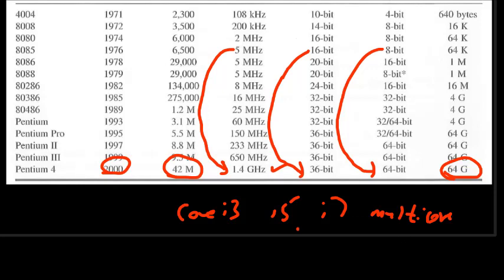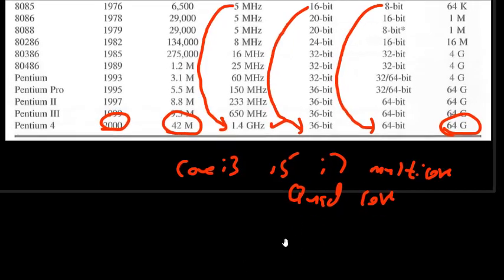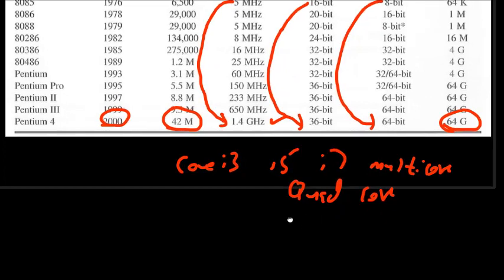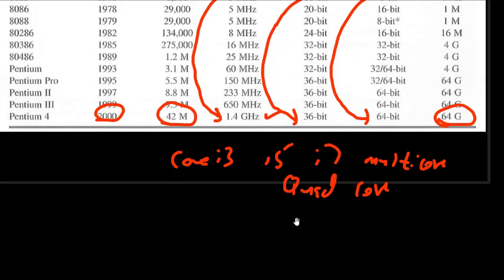Like quad core means there are 4 processing units. In the older processors there is a single processing unit, but in quad core there are 4 processing units. Apart from this, we also have parallel processing and many other things which extremely speed up the processor.